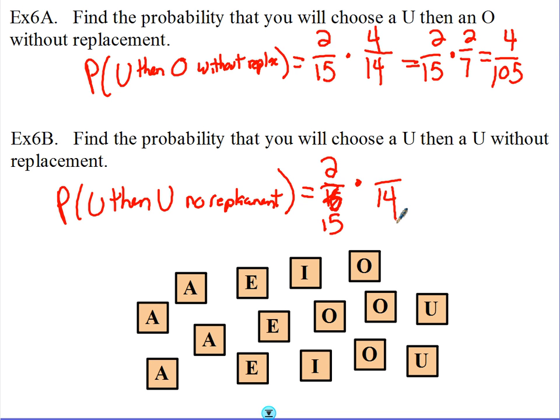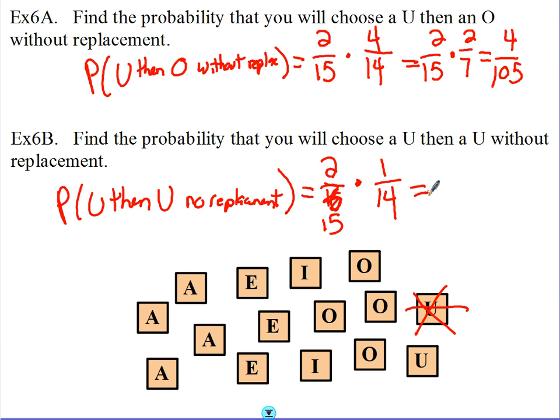But not only does my total get reduced, now I have one less U in these tiles. So I take out this U, and after I pull one out, I'm only left with one U out of all 14 of those. What I'm going to do now is the same.